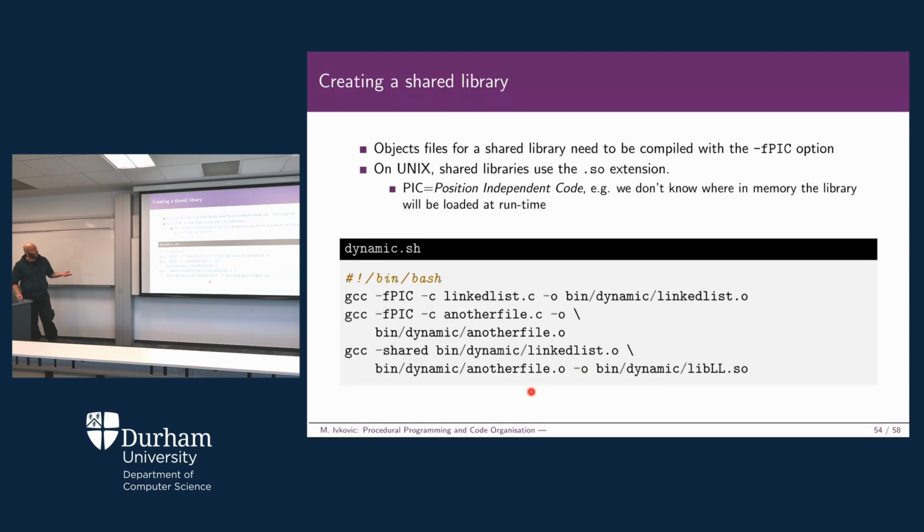And then when making a dynamic library out of it, we call GCC with -shared, that'll do the trick. Provide the object files and the output path to your file, and then lib ll.so. That's where we're at.